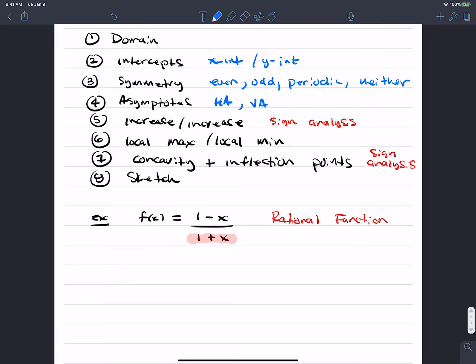So for the domain, 1 plus x equals 0, and solving for x here, we know x equals negative 1. This is the value of x where you can't equal negative 1.